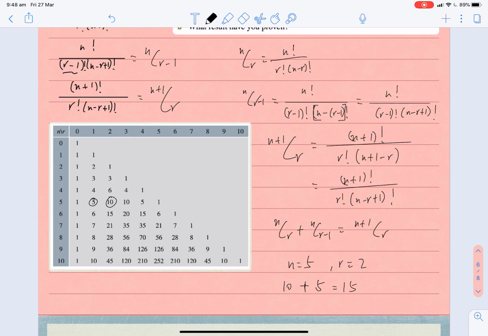Now n plus 1 is 6, choose r, 2, so 6 choose 2, this number here, is 15.